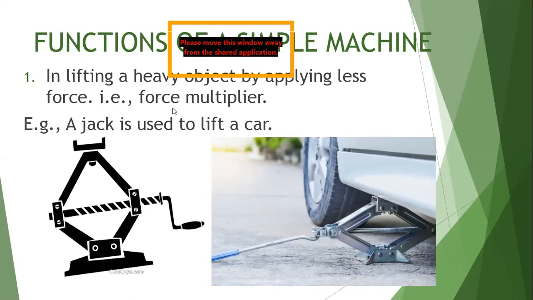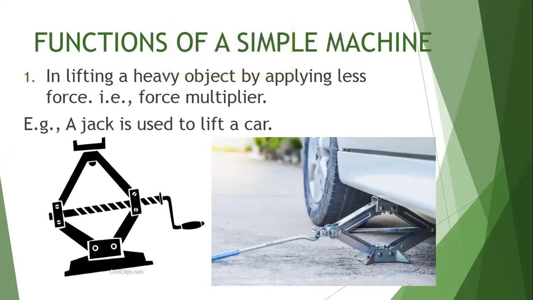That is a force multiplier. So what is the very fundamental use of machine? So the very fundamental use of machine is to use it as a force multiplier. Okay, this is one of the primary function of a machine, to use it as a force multiplier.